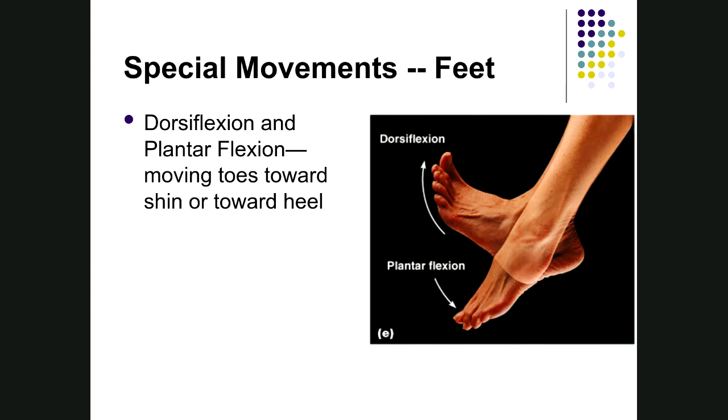So when they flex toward the shin like this, it's called dorsiflexion. When they curl under, or you point your toes like a ballerina, it's called plantar flexion. No other body parts do this.